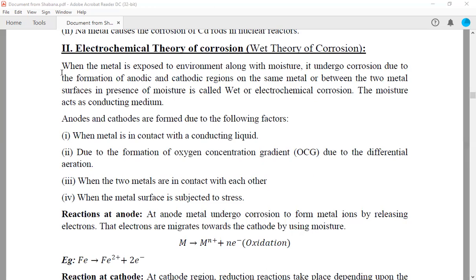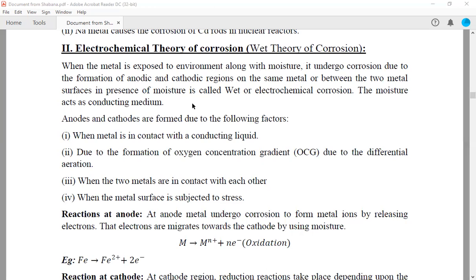In this, when the metal is exposed to the environment along with moisture, it undergoes corrosion due to the formation of anodic and cathodic regions on the same metal or between two metal surfaces in the presence of moisture. This is very important.